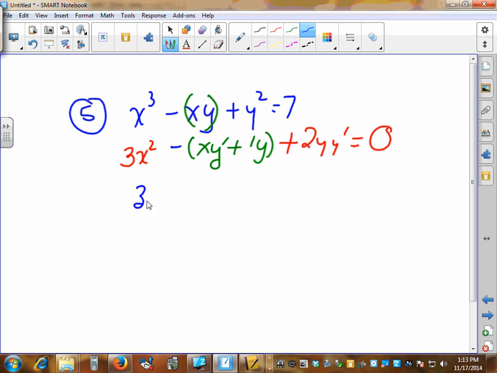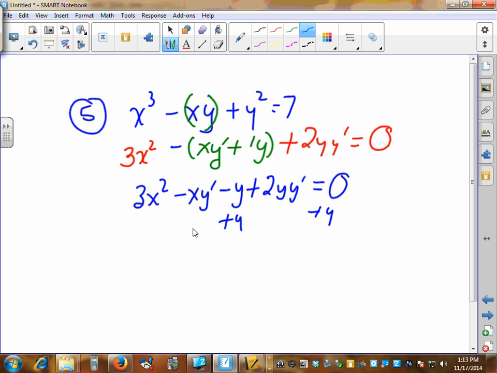Now we'll distribute that negative. And everything that does not have a y prime, we're going to move over to the other side. So we're going to add y to both sides and subtract 3x squared.